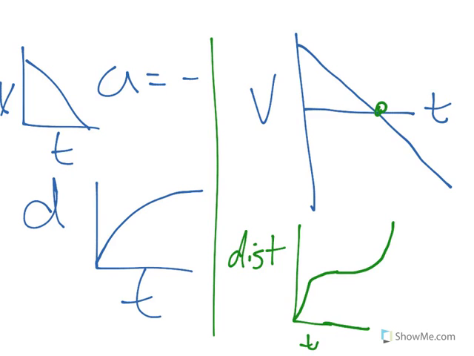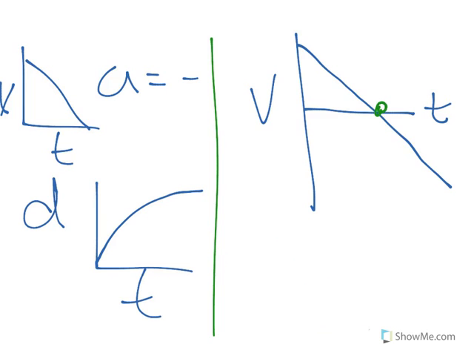The displacement versus time graph would look a lot different because displacement cares whether you're going positive or negative. So if we were doing displacement versus time, the displacement versus time graph, since it's concerned with your position, would look a little different.